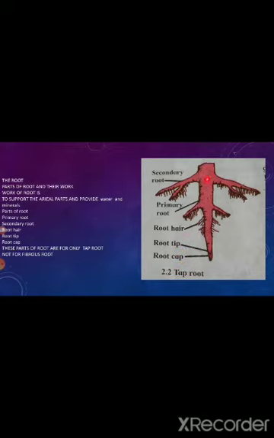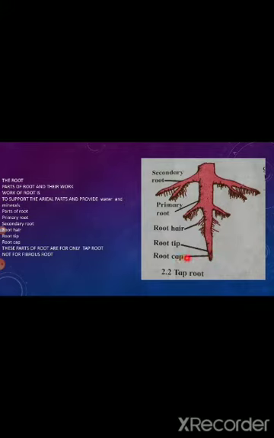So this primary root is here. This is a primary root, and to this primary root there are branches. Those branches are called secondary roots, and on these roots there are thread-like structures. This is root hair, and at last there is root tip, and to protect this root tip there is root cap.